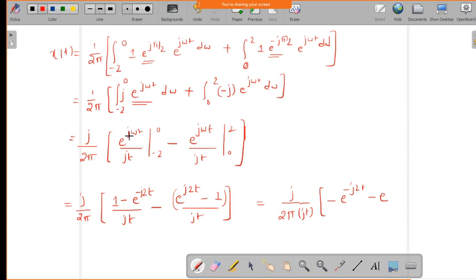If you integrate this one, e power j omega t by jt, which is from minus 2 to 0, so minus e power j omega t by jt 0 to 2. Okay, so if you put the values, omega 0 will become 1, and 1 minus e power minus j2t, minus e power j2t minus 1.